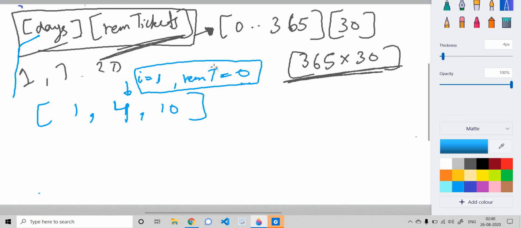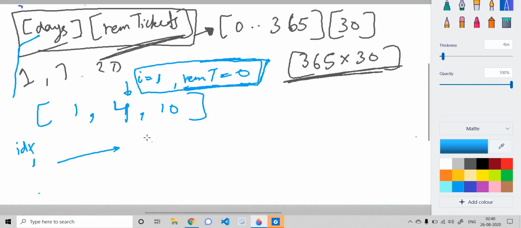So we are sure that we must buy some ticket on this day, as we do not have any stored tickets or any remaining tickets at this point. So there are 3 choices of what we can do from index 1.